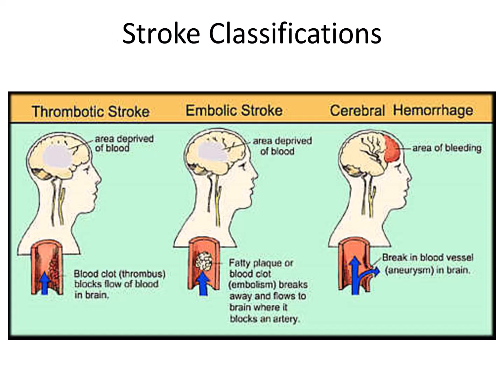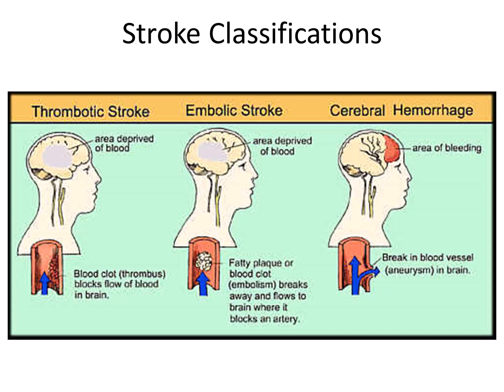Moving on to kinds of stroke. There are 3 different kinds of stroke that you need to be aware of, and we talked a little bit about each of these in neuroscience. The first is the thrombotic stroke, also known as ischemic stroke.